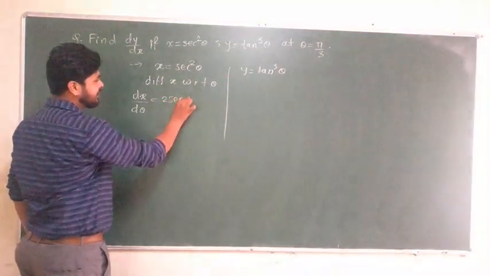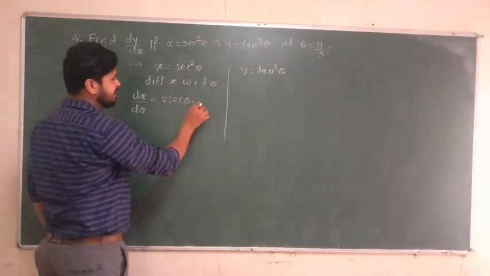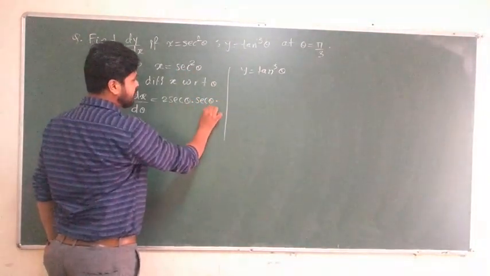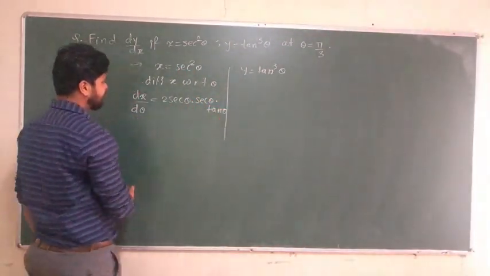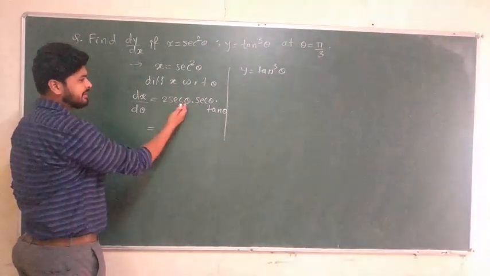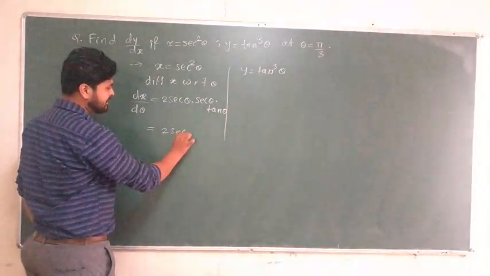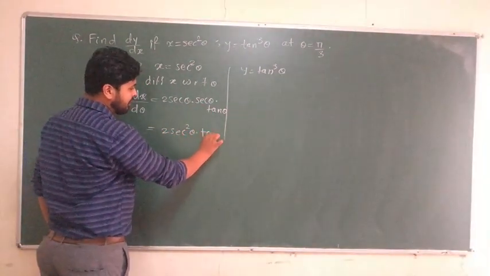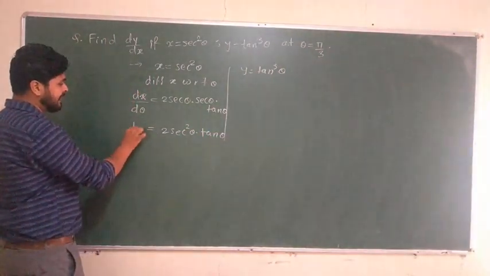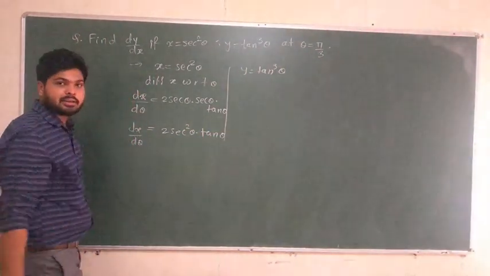So it is 2 sec theta into the derivative of sec theta, which is sec theta into tan theta. Now this 2 sec theta into sec theta, so it is 2 sec square theta into tan theta. This is the value of dx by d theta.